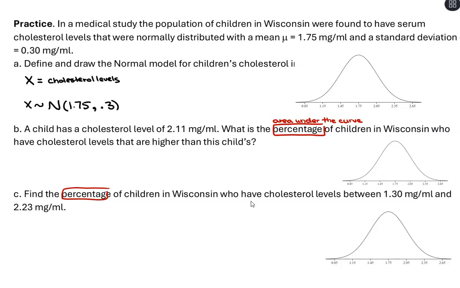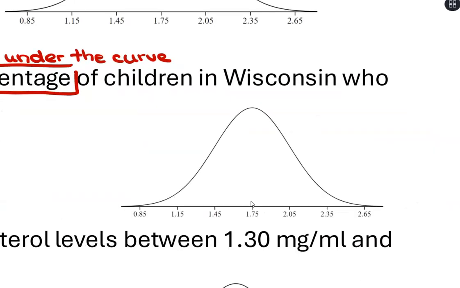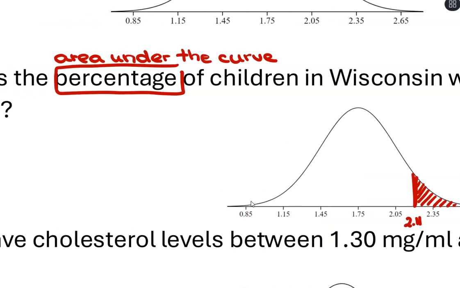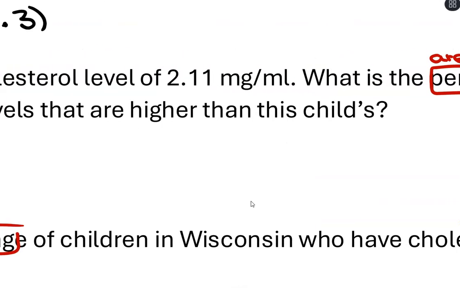And with this question, a child has a cholesterol level of 2.11 milligrams per milliliter. What is the percentage of children in Wisconsin who have cholesterol levels that are higher than this child's? So what we're going to do is look for a cutoff of 2.11, which is out here. And we want to find the area above because we're looking for cholesterol levels higher.